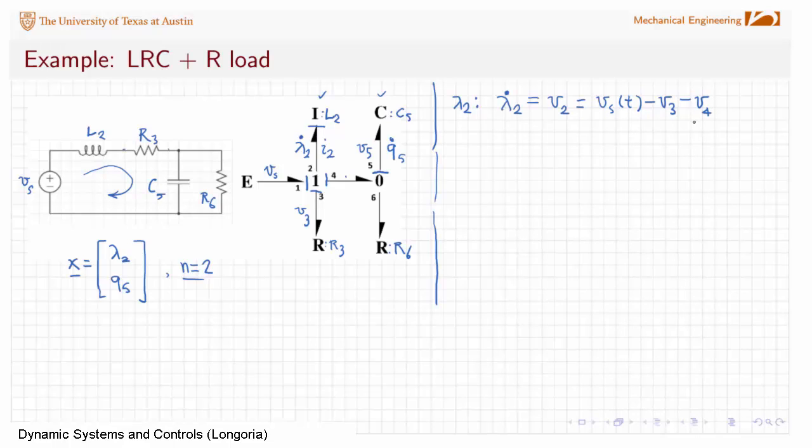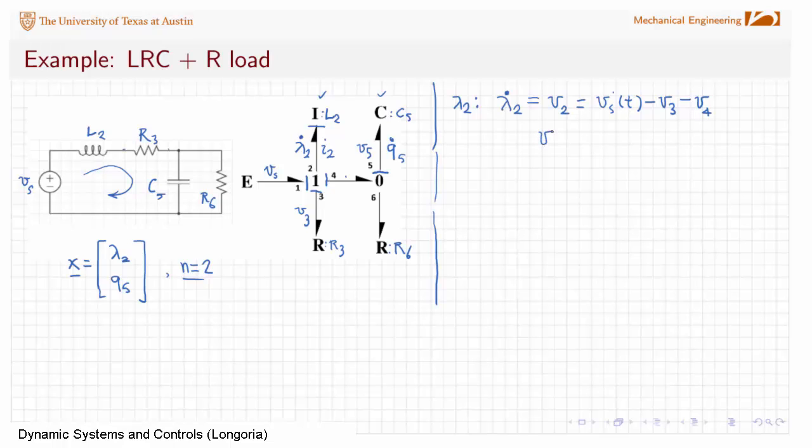So there's my equation. And the whole game then, from here on out, is going to be writing everything on the right-hand side here in terms of states and inputs. This is an input, so I really need to just focus on getting rid of V3 and V4.